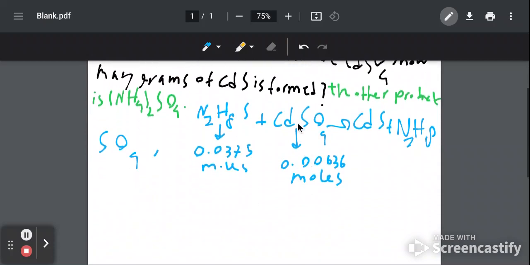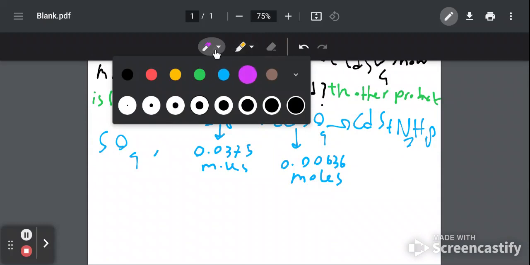Therefore, we can go on with the usual way of solving stoichiometry problems, in which we start with this amount of moles of cadmium sulfate. So we set up our proportion.